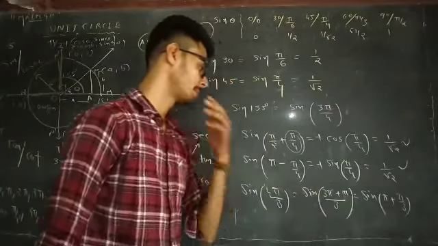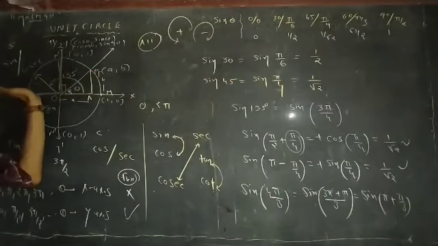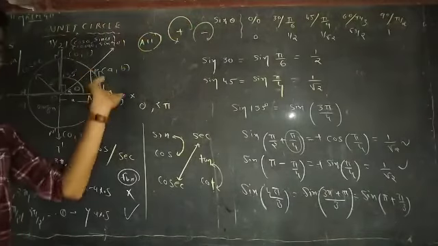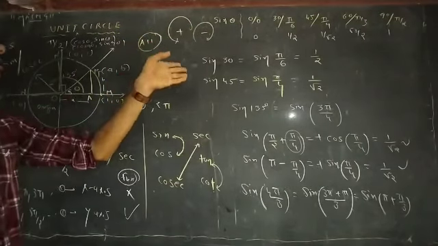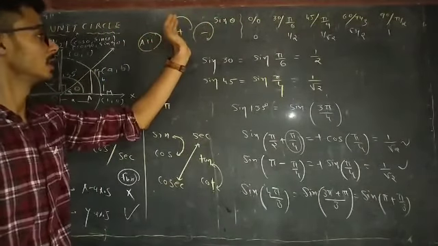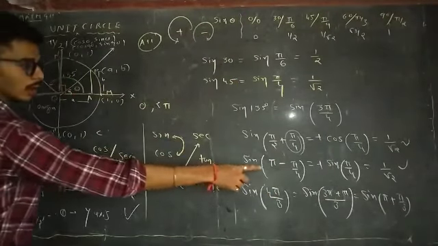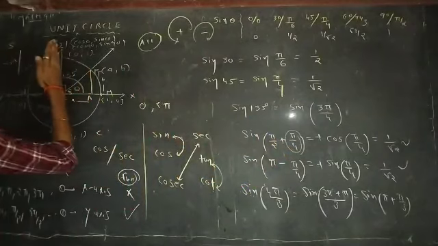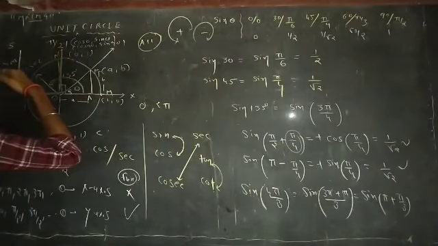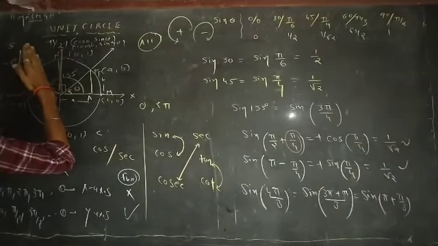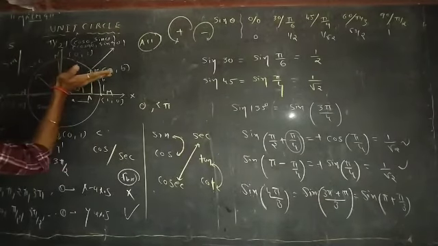See over here, pi is here. Positive means anti-clockwise direction, and if it is negative, you have to move in the negative direction.